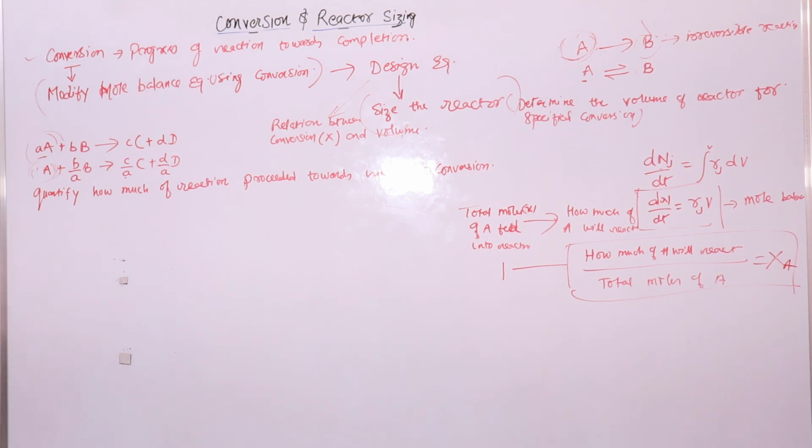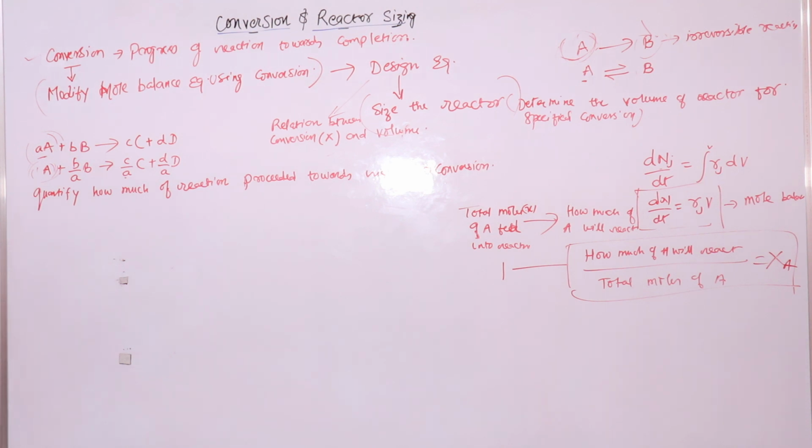right. So conversion XA is the number of moles of A that have reacted per mole of A fed to the system. This is how we define it, right. XA is how much of A will react; above and below you have the total number of moles of A. So if you have fed into the reactor say X moles of A, out of those X moles of A, how many moles of A reacted, that is your conversion factor, right.